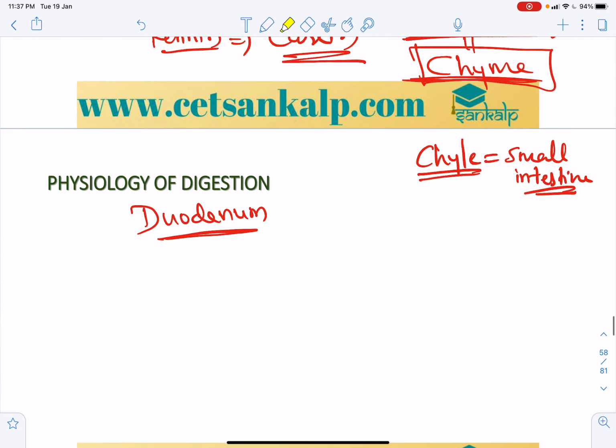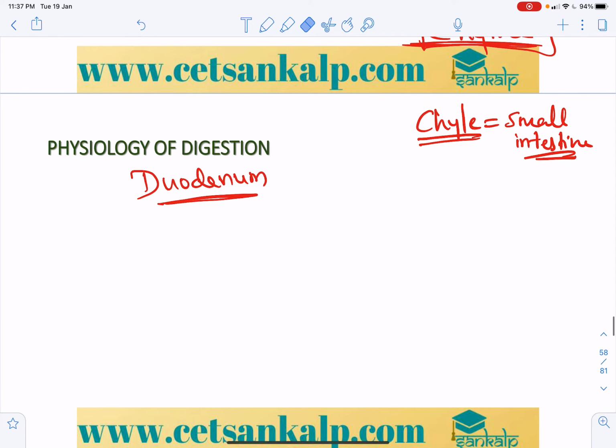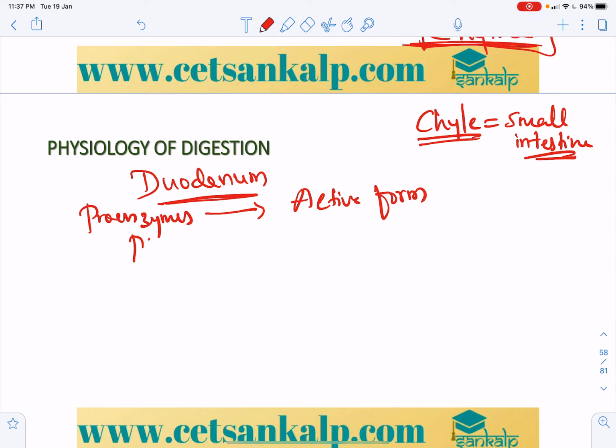These proteoses and peptones are further digested. The duodenum receives the proenzymes of the pancreas, and those proenzymes are converted into active form, as we know, in the presence of enterokinase.